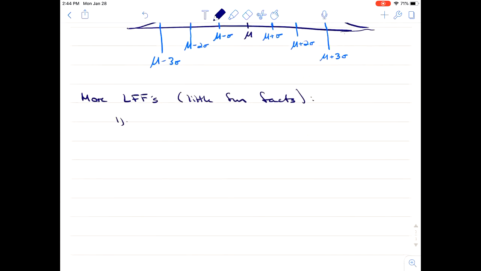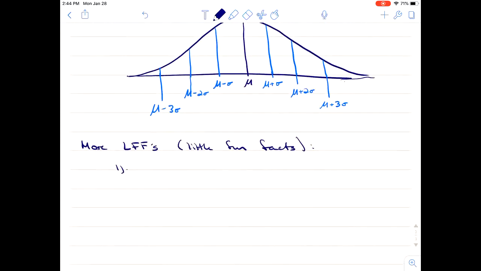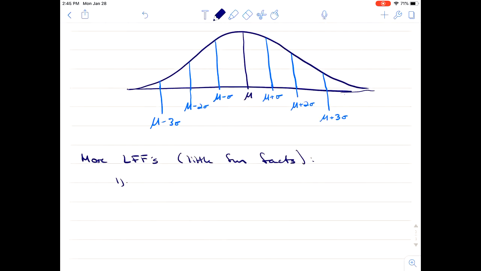The first one is that these tails on either side actually keep going from negative infinity to positive infinity. The weird part is that these tails never actually close on the axis.